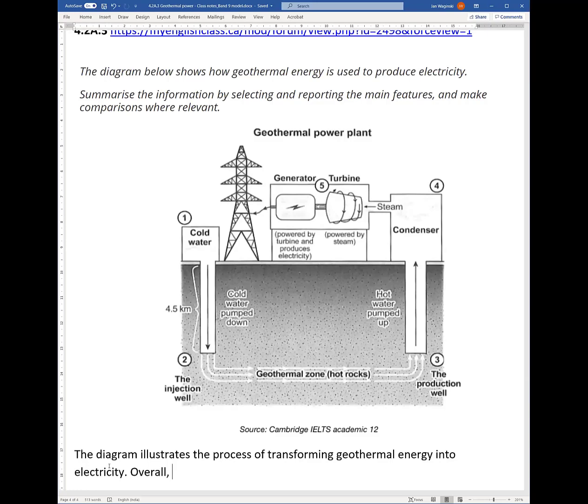But that's what I found out, that in geothermal power, everything goes through the water, right? So the diagram illustrates the process of transforming into the electricity, but it's probably better to say something about the water, because the water is main, you know what I mean? Well, water is usually used in producing electricity.